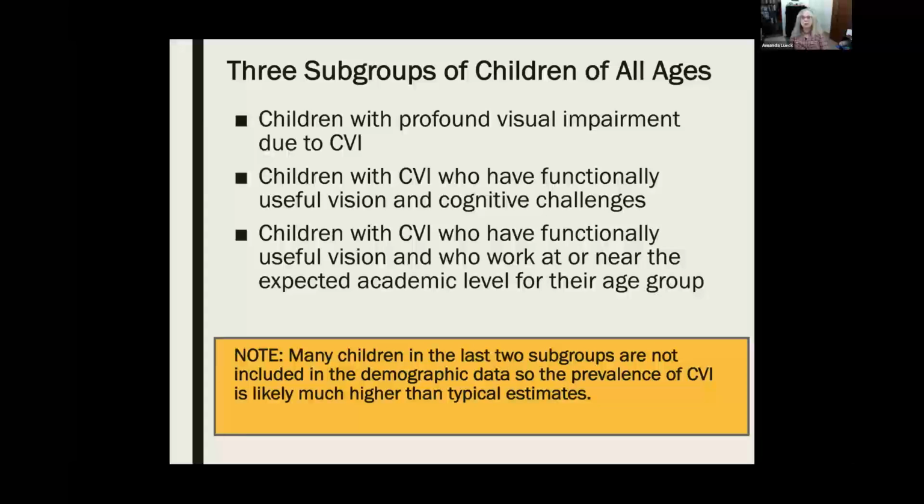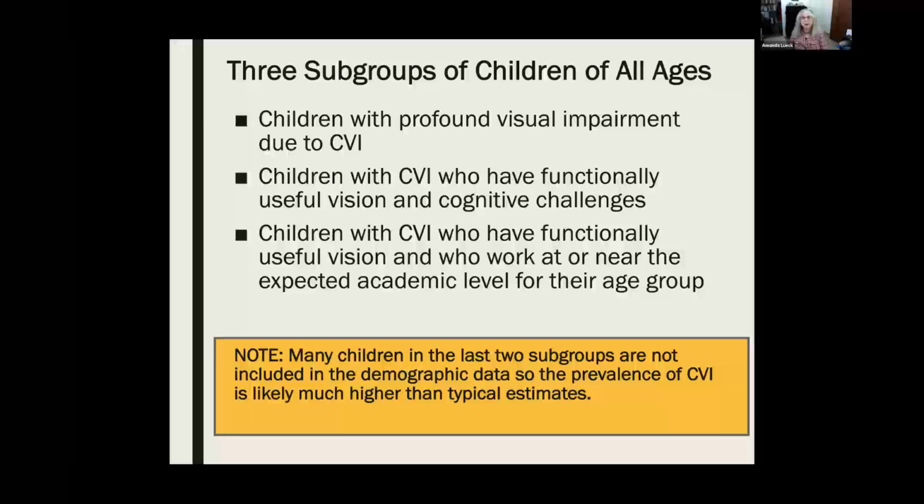These are the children that we're not fully identifying at this point because they're in the schools, they're doing sort of okay, but they're having problems and nobody knows to look for CVI. They're starting to look for it in some areas of Europe at this point, and hopefully we'll be getting better and better at assessing children who have functionally useful vision but work at or near the expected academic level.